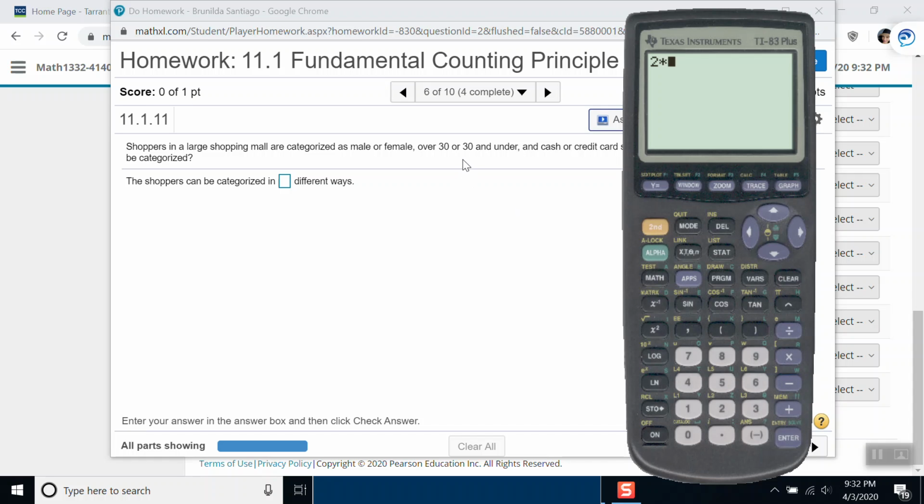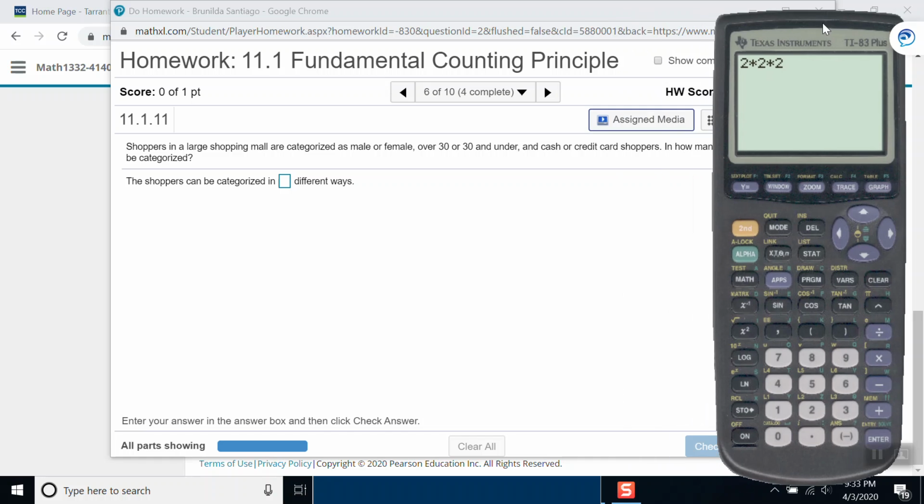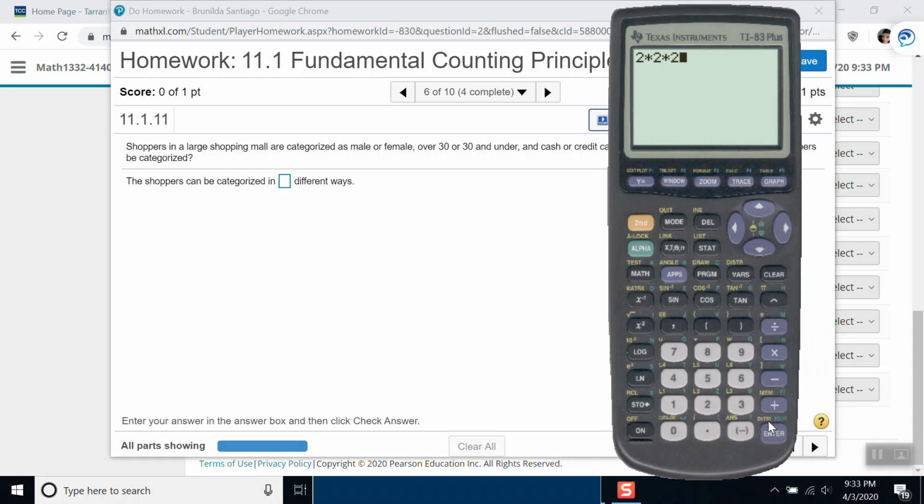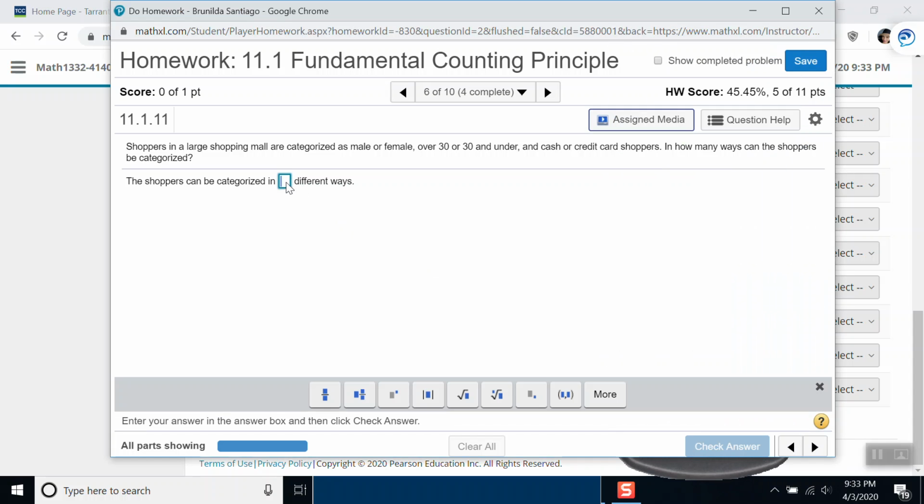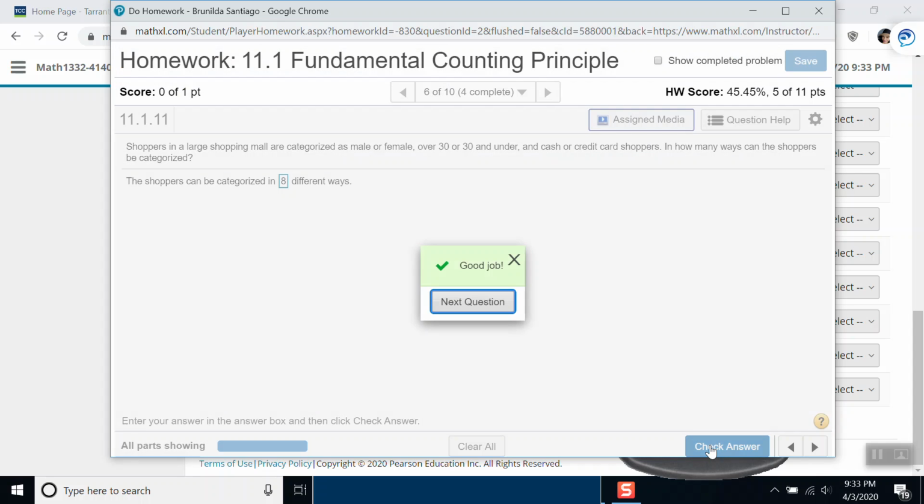Over 30 or 30 and under, that will be 2 choices. And cash or credit card, that's another 2 choices. Let me make sure I don't have anything else. So that should be it. So there are 8 different ways in which shoppers can be categorized. So that should be 8.